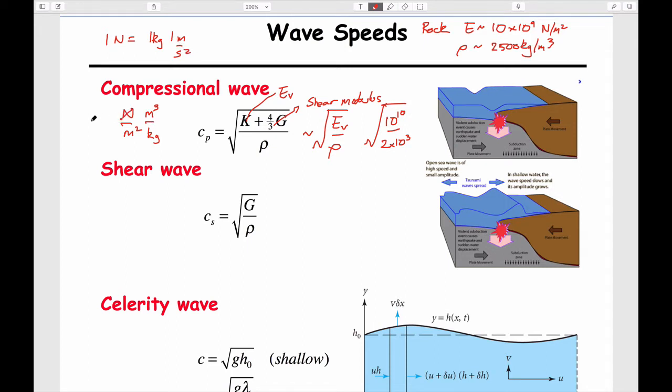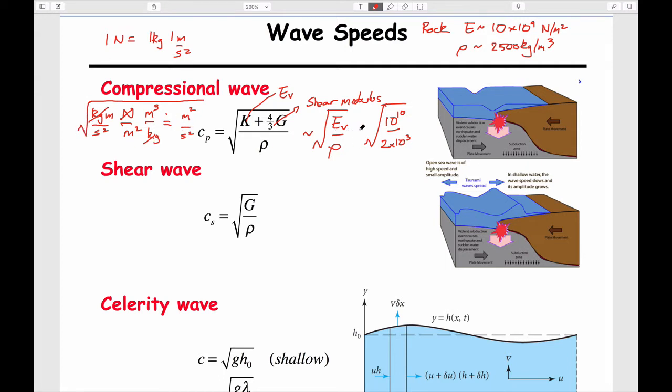So I guess we could replace this with kilogram meter per second squared. So what do we get rid of? We get rid of kilograms. We have this being equivalent to meters to the 4 over meters squared, which is meters squared, and second squared. This is square rooted. And so indeed it's meters per second, right units.